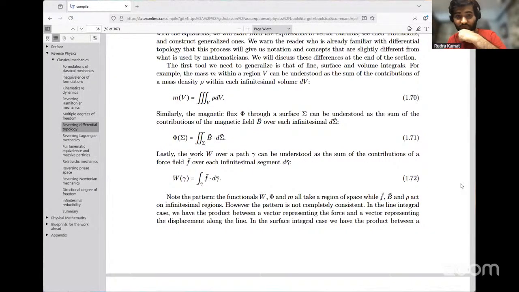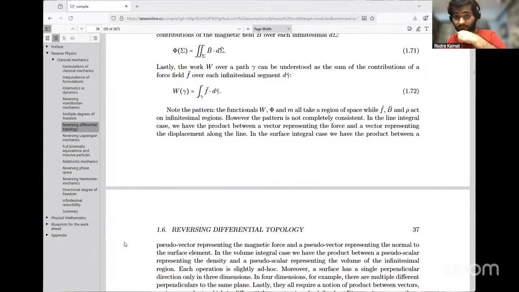So we have flux on sigma equals the surface integral over sigma of B dot d sigma. Lastly, the work W over path gamma can be understood as the sum of the contributions of a force field F over each infinitesimal segment d gamma. So work on the path gamma is the line integral over gamma of F dot d gamma.